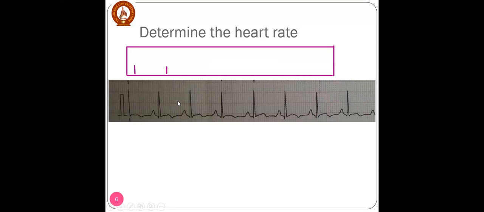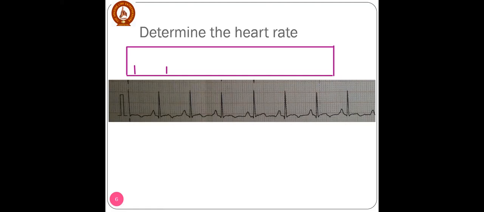You can also use the second formula, 1,500 over Y, where Y is the number of small squares. Each big square has 5 small squares, so 3 will give 15. The same formula, 1,500 divided by 15, will give us 100.